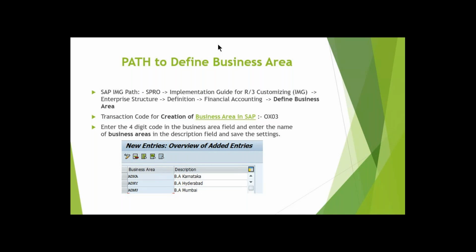Now, if I am starting in Karnataka, whatever transaction I'm doing within Karnataka, that business financial statement will be stored under the Karnataka business area. If I am doing transactions in Tamil Nadu, they will be stored under the Tamil Nadu business area. In the sense, one company has different levels of transactions.